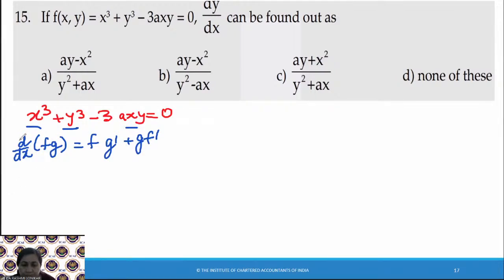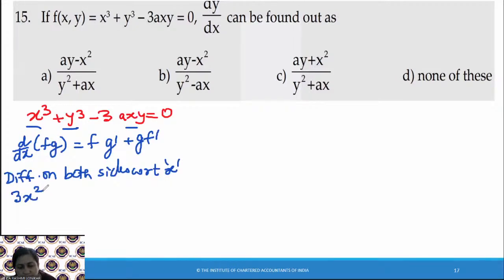So differentiating on both sides with respect to x, I get x cube will be 3x square plus y cube will be 3y square dy by dx.